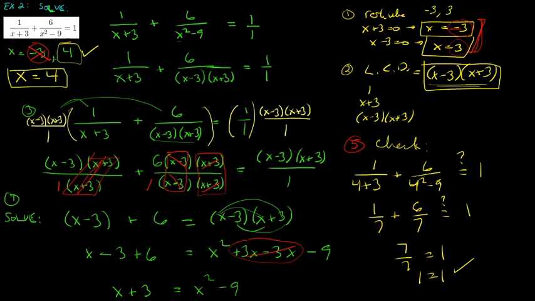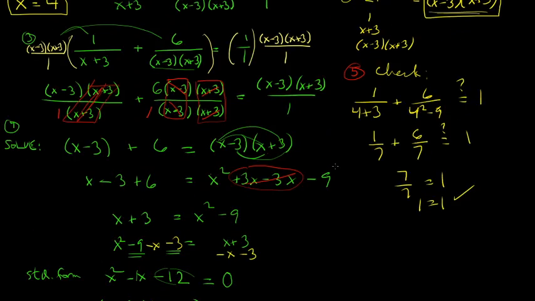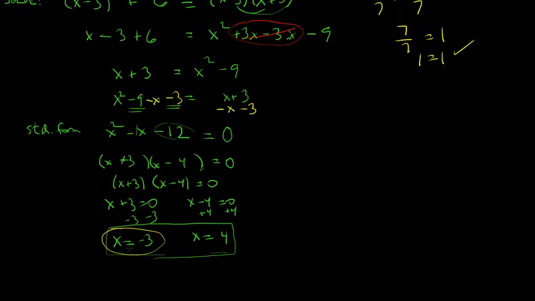So yes, originally we did get negative 3 as one of the options for a solution, but because it was a restricted value, we actually had to cross that off the list. It's not a solution. You can call it a fake solution, a phony solution.